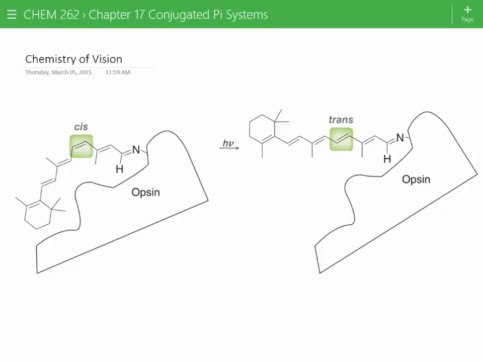And if we shine a certain frequency of light on this cis alkene, it will actually cause this to go up in energy level, turn this into a double bond and this into a single bond. And when it does that, sterics say, well, this should switch to trans. And so when light hits our cones or our rods, it will cause it to switch to trans. And our protein can actually feel this molecule moving to a different position. It sends a signal to our brain, says, you just saw this frequency of light. And then this slowly relaxes back down into its off state.